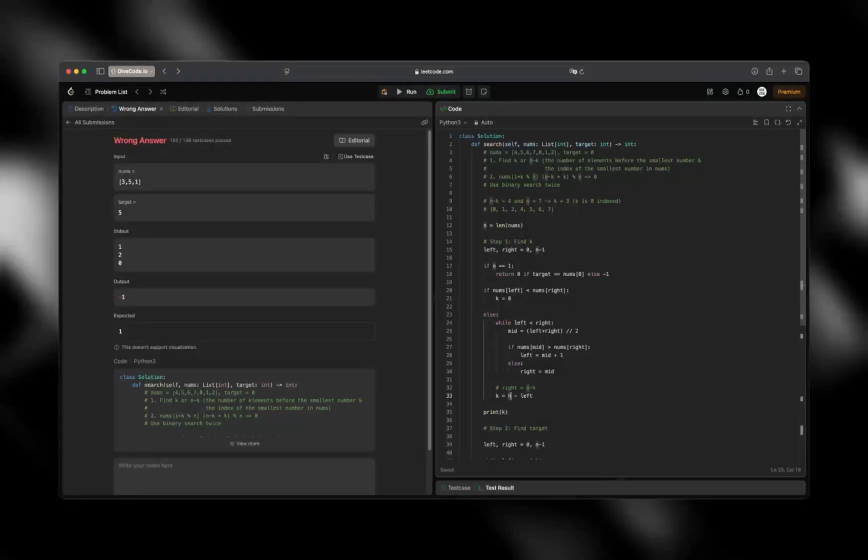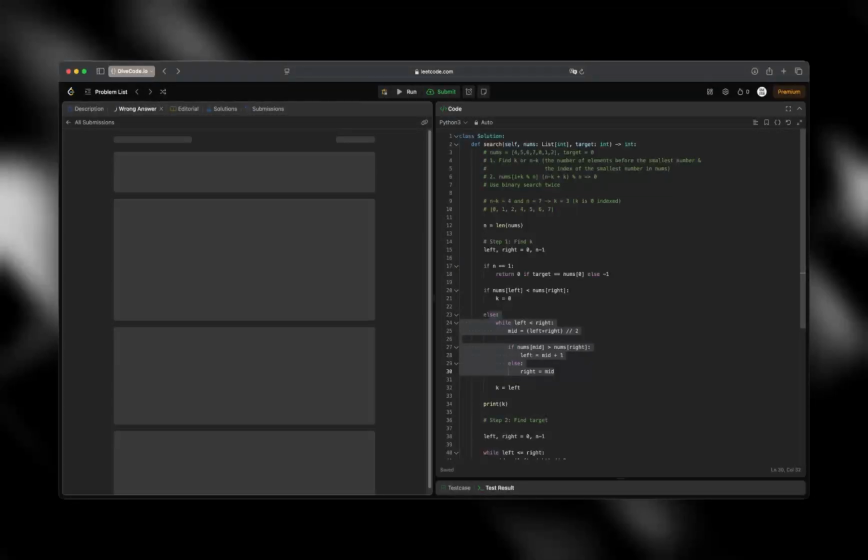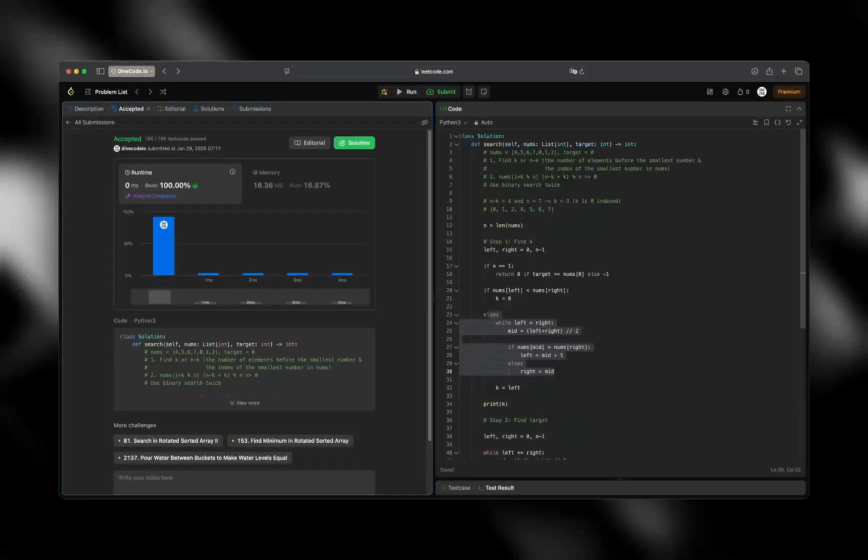Let me just replace this with maybe left, because actually we found the solution with this one, right? Yes. Okay.